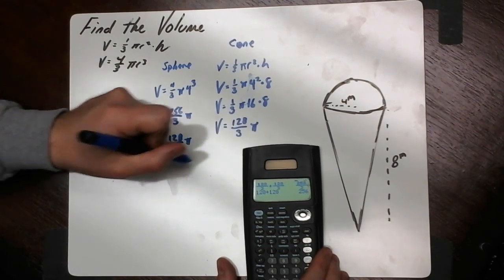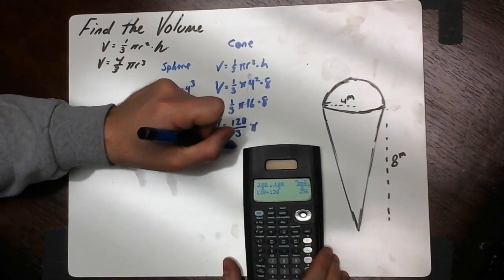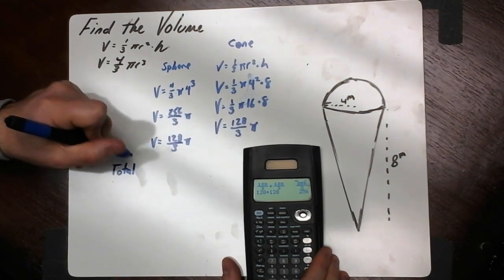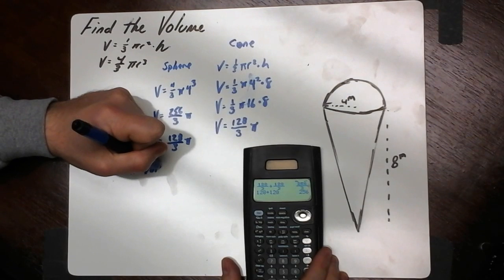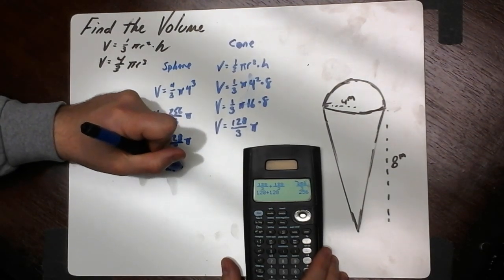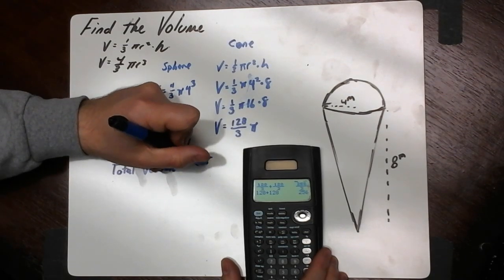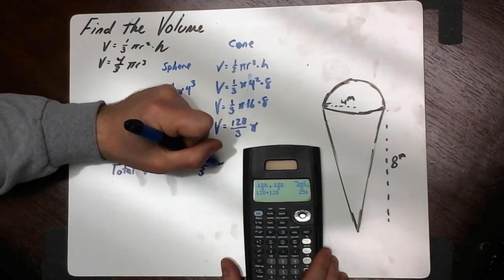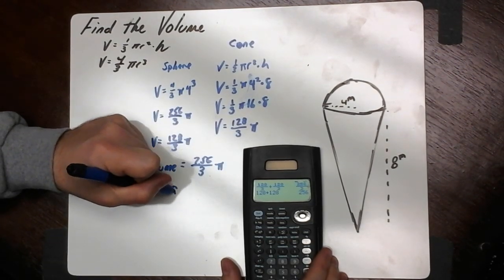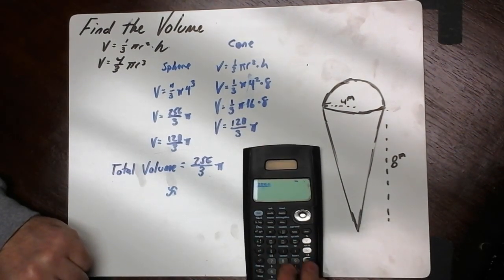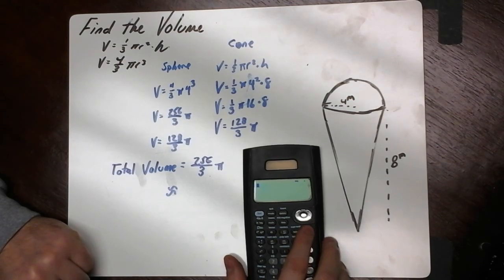So the volume of the entire object, so I'm going to say total volume is 256/3 pi. For those of us that need to have decimals, I will go through the trouble of converting it for you.